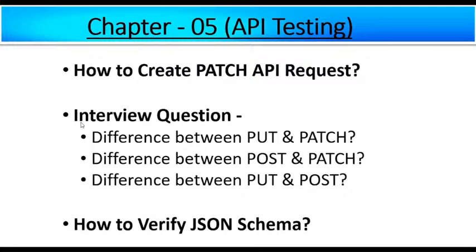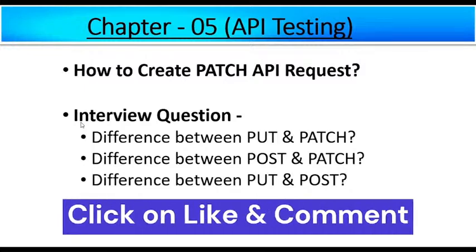But patch API request is used when we are modifying the resource in the server, where the client sends partial data to the application server. Only that partial data will be updated without replacing the whole data in the application server. So that's all about the difference between post API request and the patch API request.